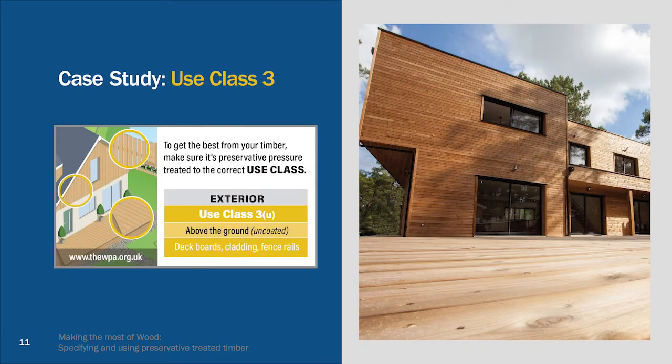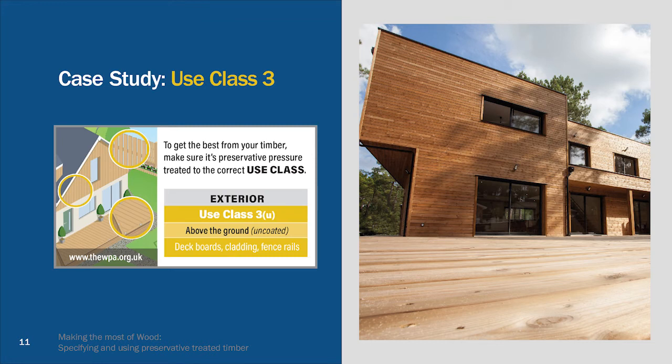Use class 3 is for end uses where wood is used outdoors but not in contact with the ground. Use class 3U is for uncoated timber components such as deck boards, cladding, fence rails and so on. Use class 3C is aimed at the specialist joinery product sector such as painted timber, windows and doors.